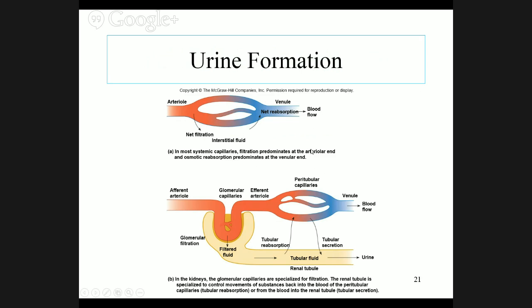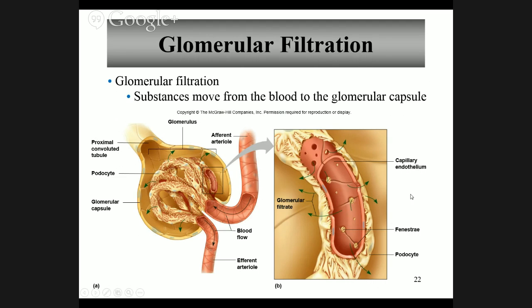And then you have the filtered fluid entering the renal tubule, and then there's tubular reabsorption into the capillaries, and then the capillaries engage in tubular secretion, and then eventually that produces urine. And here's showing substances that move from the blood to the glomerular capsule.